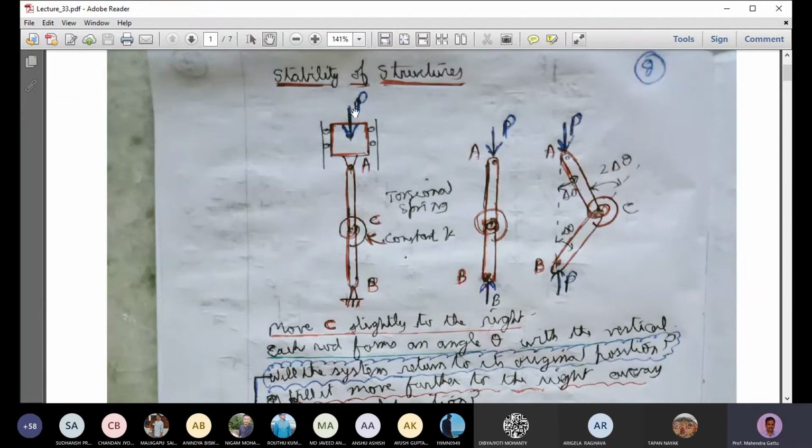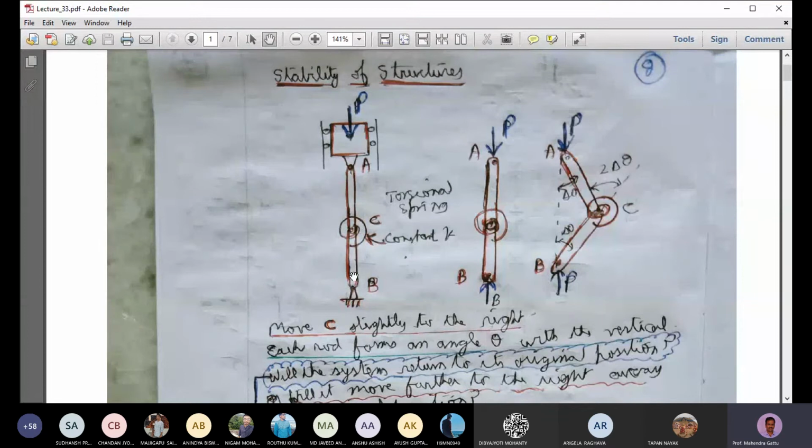And we are applying a load P at the top. This is a pin connection, and at the bottom we also have a pin connection. Under the action of the load, if the load P is perfectly along the line ACB, then there will be pure compression in AC and pure compression in BC.